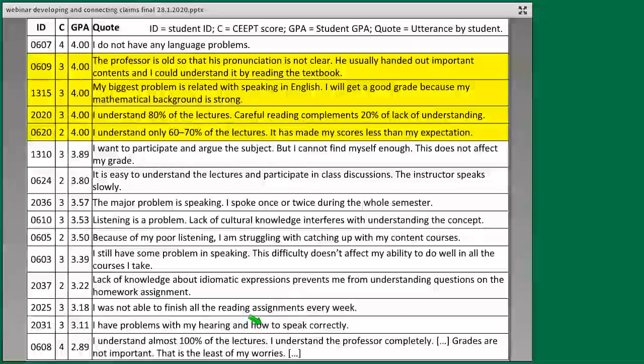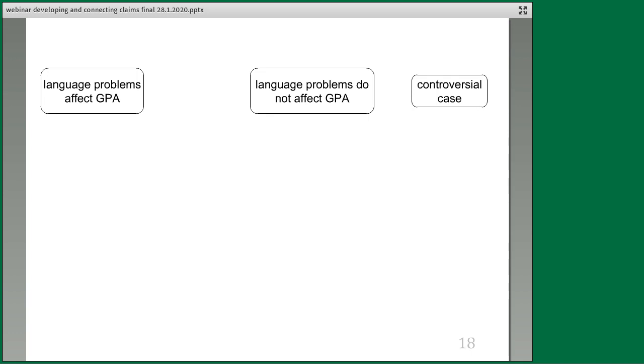And also this study can be displayed as a development of a controversial case, subcases, and a moderated case. And I think I will first display that slide before I take the next question. The controversial case in this case is the statement language problems affect GPA versus the statement language problems do not affect GPA.